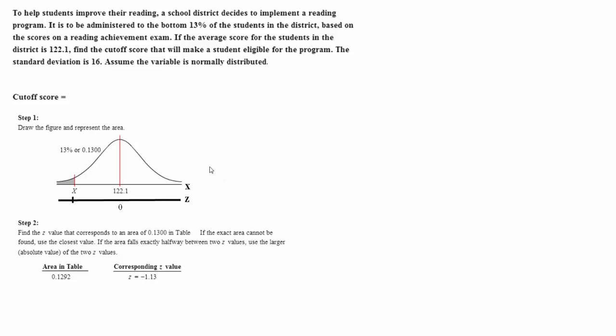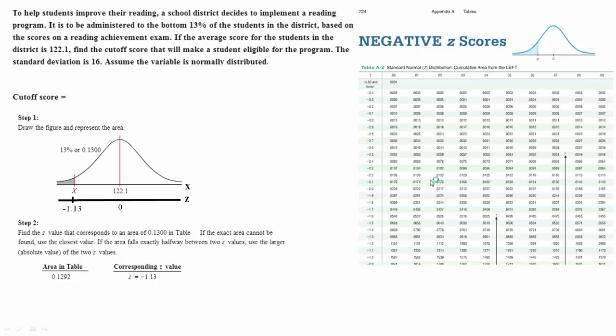Step 2, we're going to have to look up this value in our table. And as you can see, here's our table again, and we're looking again at the negative tables because we know that 13% is less than 50%. So if we want to find something that's less than 50%, then we look on the negative tables.